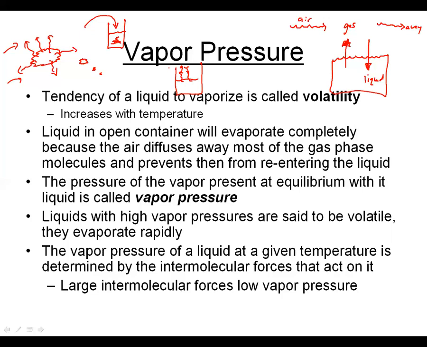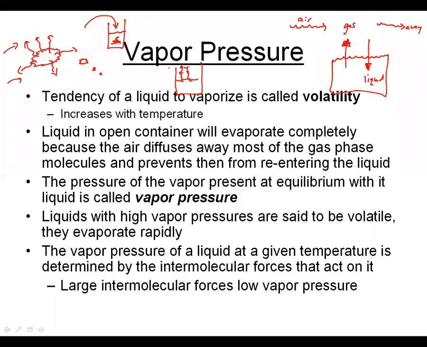And that would also mean that liquids with high vapor pressures would be said to be volatile. They evaporate really rapidly. Again, that's because of what we were just talking about. The only way to achieve a high vapor pressure is to have a lot of gas molecules, and those gas molecules had to come from the liquid.